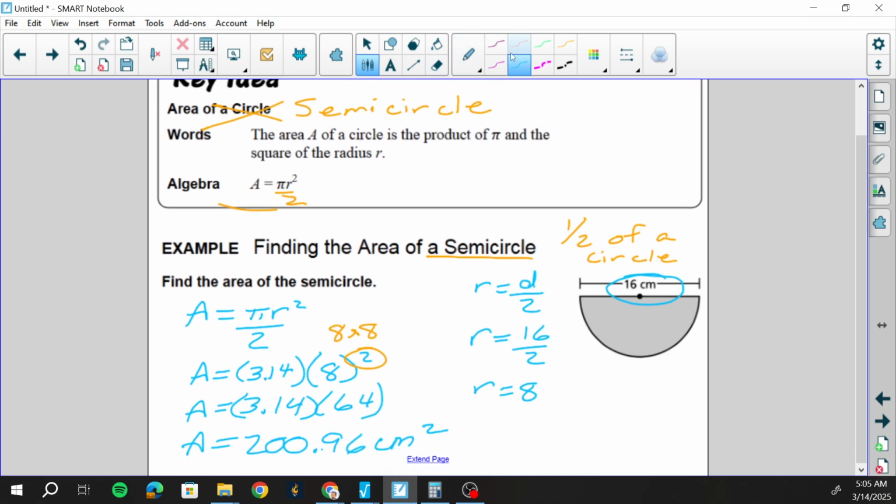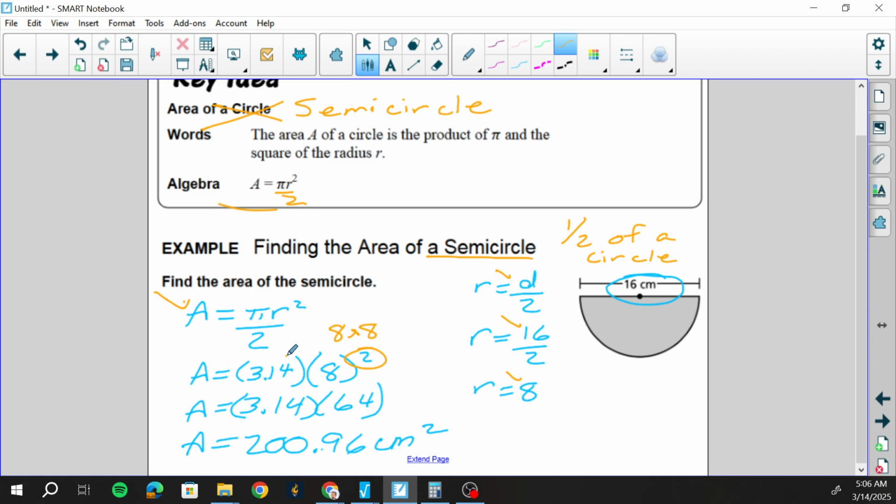And so when we finish this, let's take a look back through one more time. We were given a diameter, so we had to find the radius. So we used our formula, we substituted in the diameter, we got our radius. Then we use our formula for a semicircle, which is pi r squared cut in half.